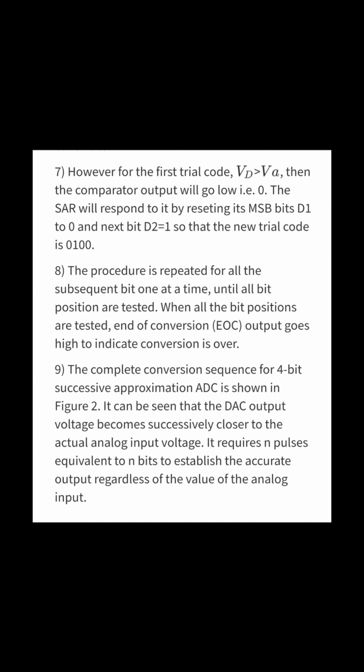The complete conversion sequence for 4-bit successive approximation is shown here. For example, at the first stage, D1 is made high, so it is 1000. It will check VD against VA. VD is the output of the DAC and VA is the input to the comparator. If VD is greater than VA, then it becomes 0100.